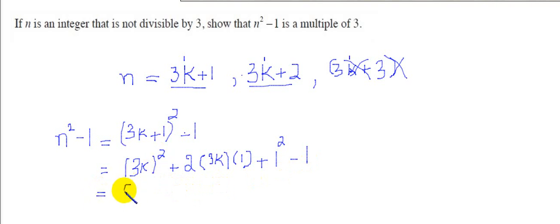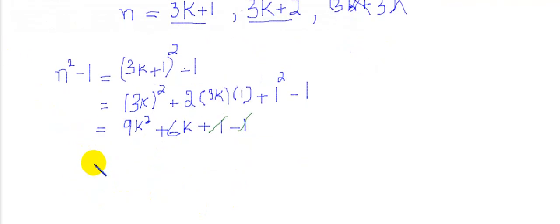So 3 squared is 9, and k squared, so 9k squared, plus 2 times 3 is 6, so 6k, and then plus 1 squared is 1, and then minus 1. That's why I wrote the second square at the last, so that I can cancel these two easily and you can understand easily. These two cancel as they give us 0.